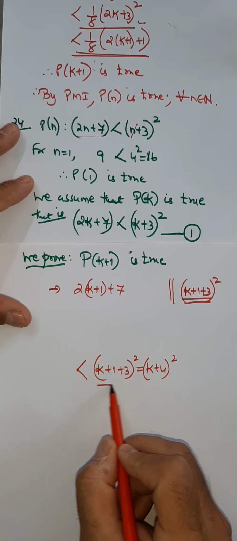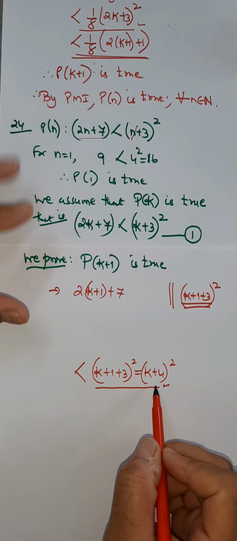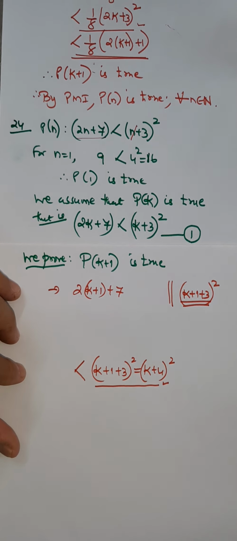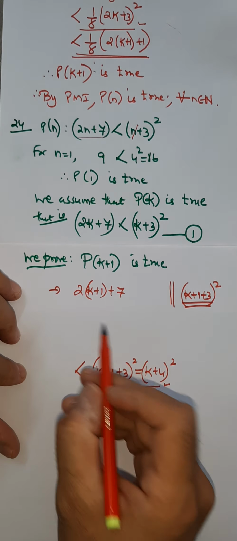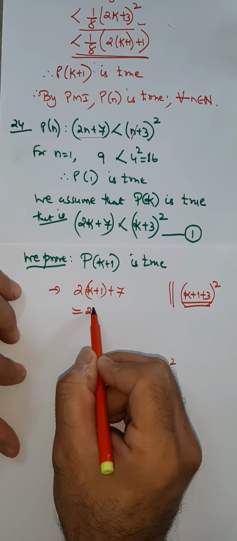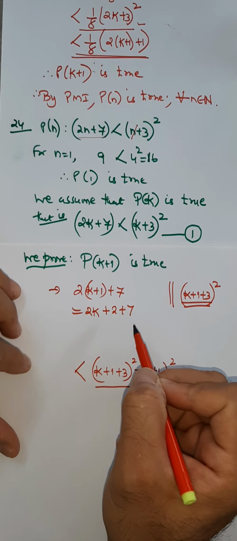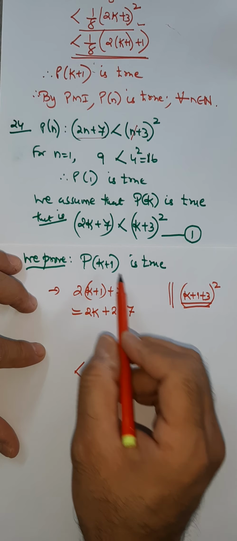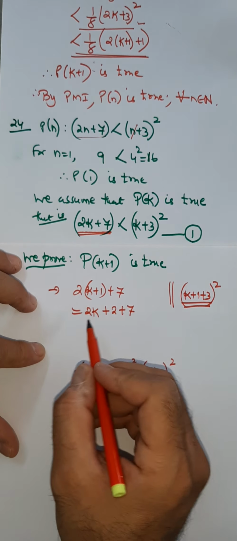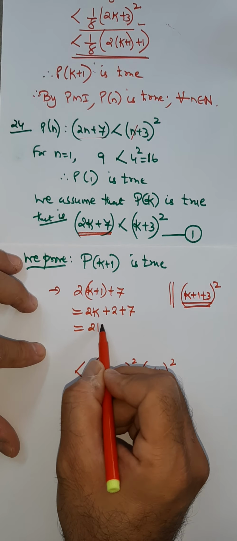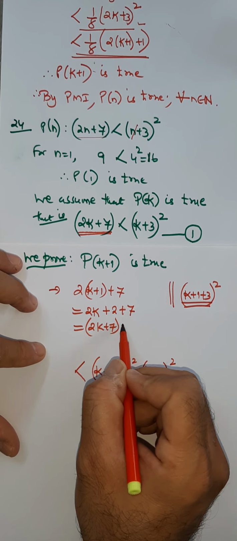This is what I want. I wrote what I want first. Okay, now here, if I simplify, this is 2k plus 2 plus 7. But I know 2k plus 7 is less than this. So 2k plus 7, let me write in one bracket, plus 2.